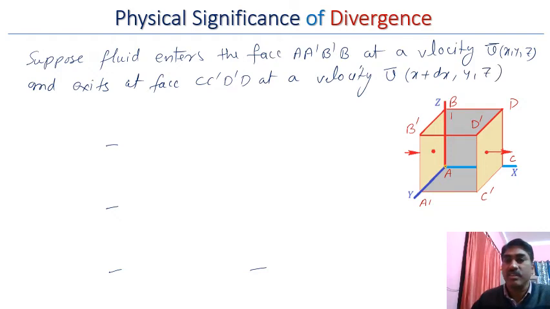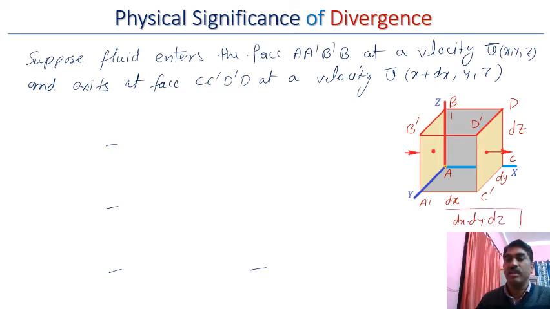You might be thinking why I have taken dx. So let me clear that the sides of the cuboid that I have taken are dx in x side, dy in y side, and dz in z side. So this is the total volume. You can also calculate the total volume of the element as dx dy dz.